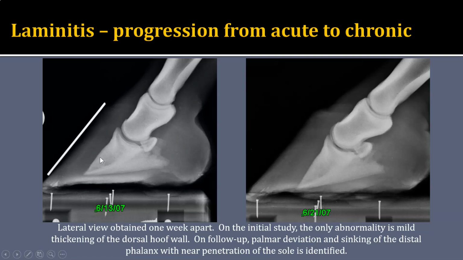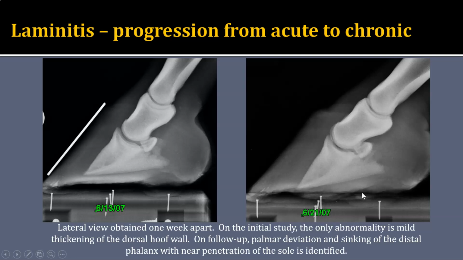Although we don't have a measurement here, this is probably mild thickening of the dorsal hoof wall. There's a little bit of loss of distinction and maybe even some thickening specifically of the dermis where the stratum internum is, and so that would be part of this patient's acute phase of laminitis.